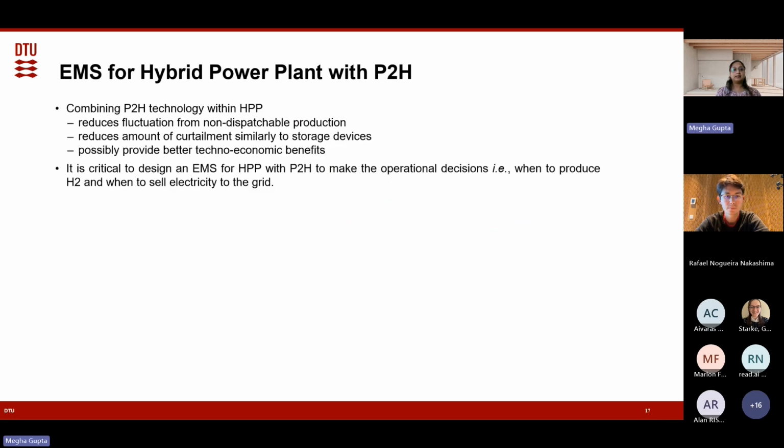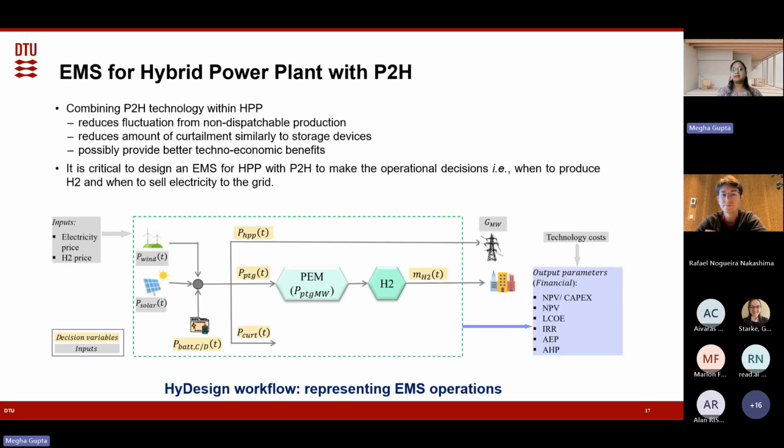And then, just giving an overview of how the EMS is modeled for such plants: in the EMS, we are trying to find the optimal operational strategy for a plant, when it should give power to the grid or when it should supply power to the electrolyzer to produce hydrogen.